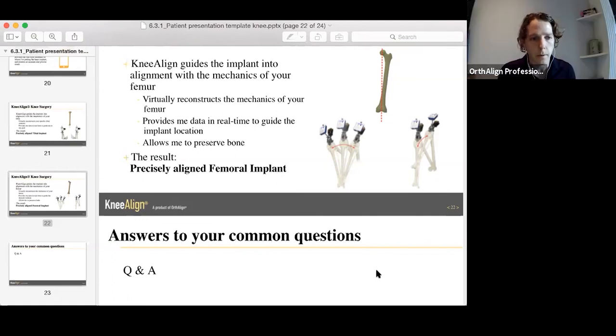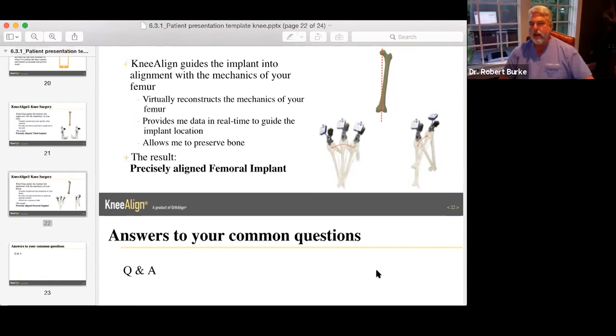Let's see here. Generally, how busy are you, and do you do the procedures yourself? That might be the expected wait time question. My office is there to take care of the patient. I am not going to promise a patient that I can do this the very next day, but I will absolutely make sure that we do it as expeditiously as possible.